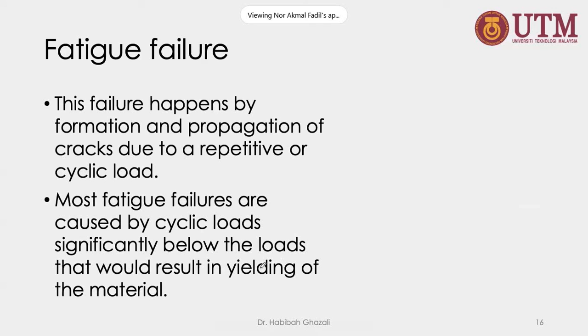The car can go up to 200 km per hour, they have designed it, but there is a limit. If it is safe for that particular speed and load, why do we have to change some parts? Why must the suspension be changed after this? It is actually because of the cyclic load.